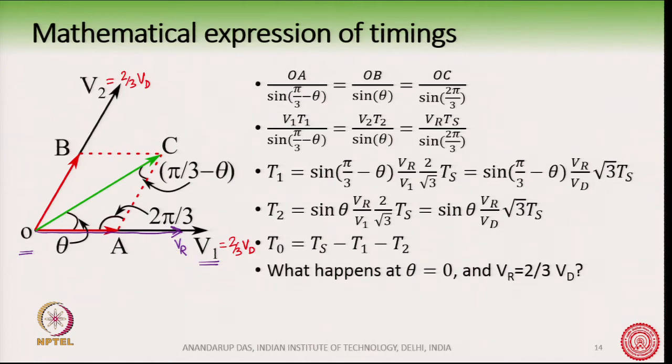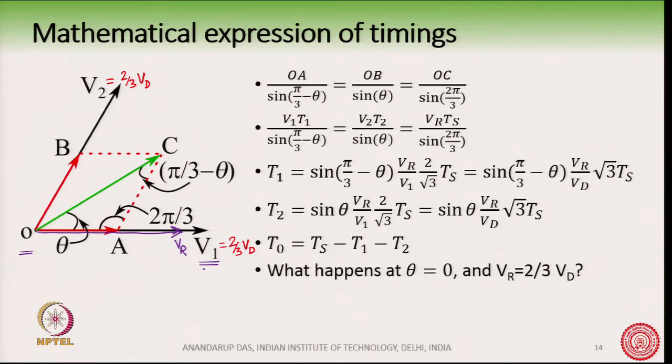We cannot switch the V2 vector here, because as soon as we give a weightage to V2, then the vector VR will start moving anticlockwise towards V2. So, it is also seen from the equation that at theta equal to 0, T2 becomes 0.